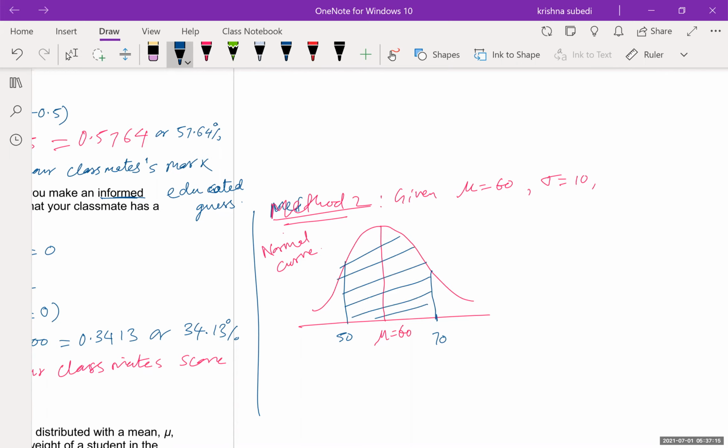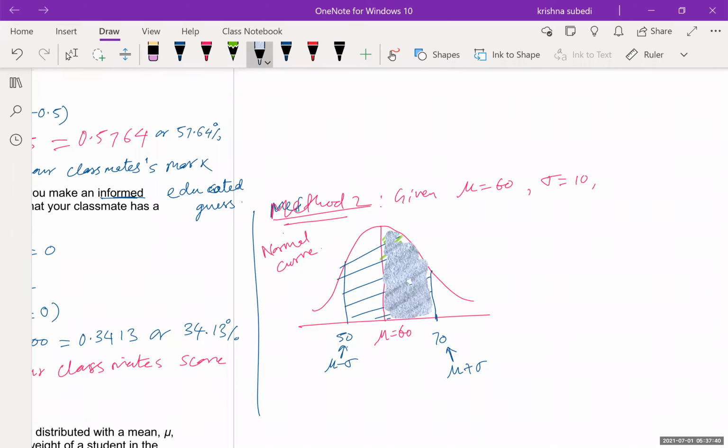That is, mu minus standard deviation is this point, and mu plus standard deviation is this point. So we want to find this part right here. This is what we want to find.